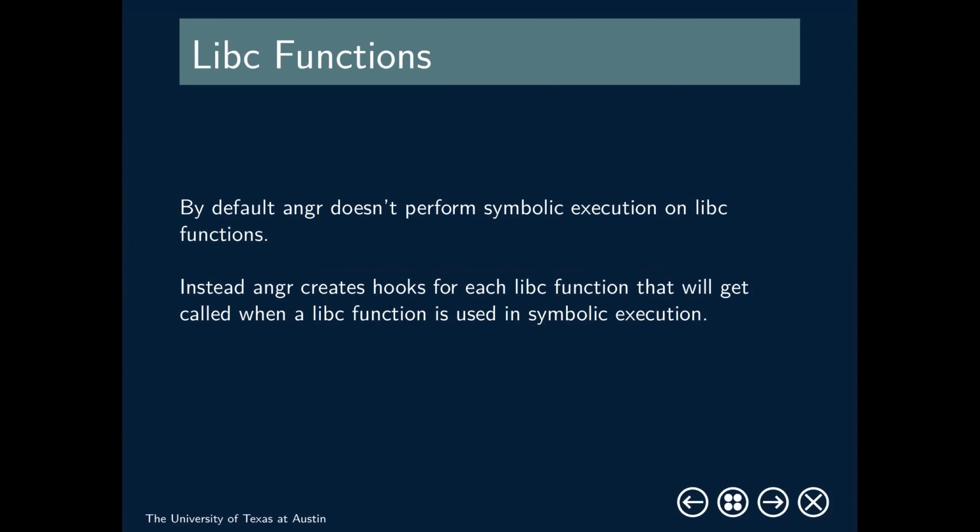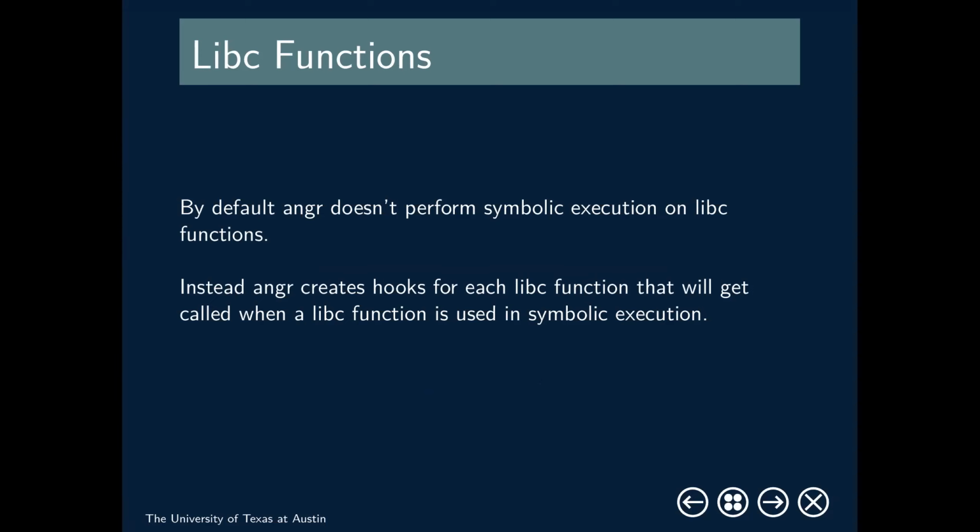So by default, Angr actually doesn't even perform symbolic execution on libc functions. Instead, Angr creates what are called hooks for each libc function that gets called when you jump to a libc function during symbolic execution.